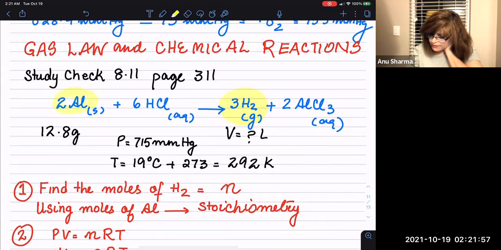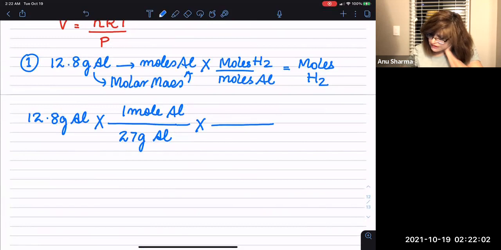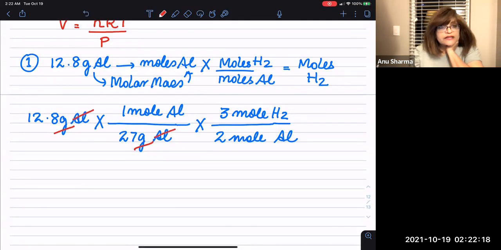The moles of aluminum are 2 and the moles of hydrogen is 3. So you're going to put 3 moles of hydrogen, coming from the balanced equation, over 2 moles of aluminum. If you look now, the grams of aluminum cancel out, moles of aluminum and moles of aluminum cancel out.